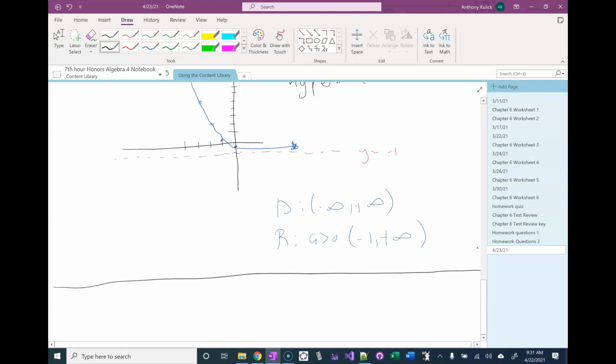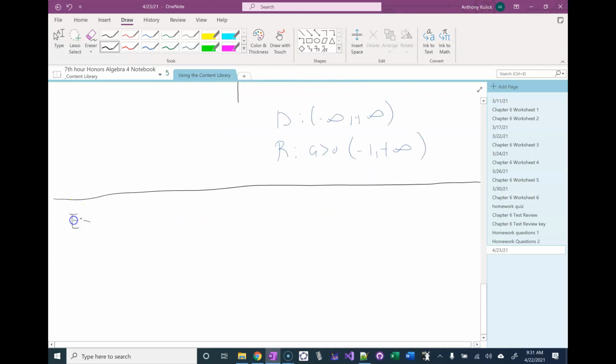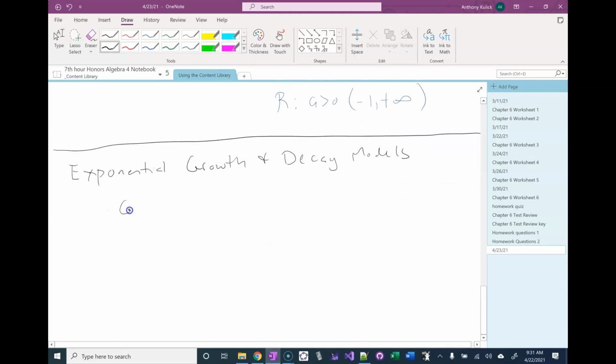The other thing that I'd like to talk about today is exponential growth and decay models. So our general exponential growth model is y equals a times (1 plus r) to the t.